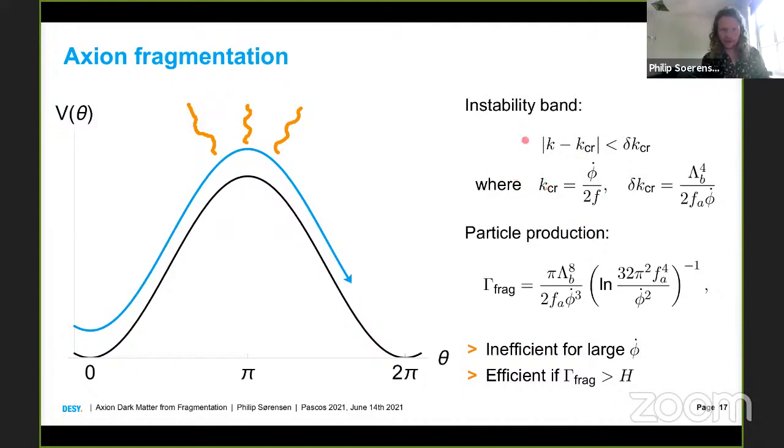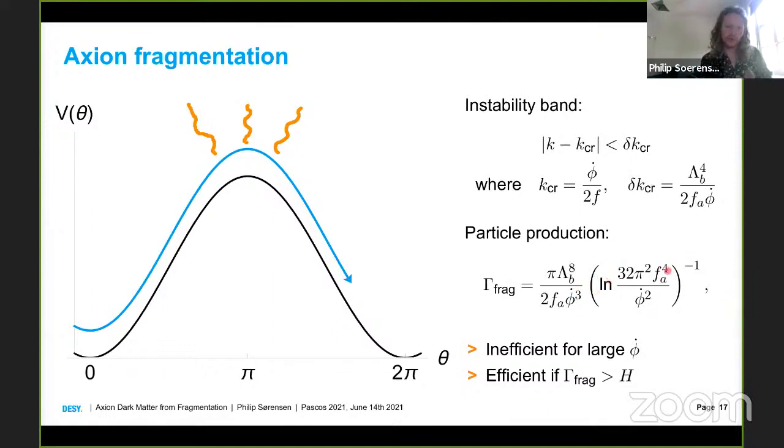So you really have fragmentation driving the amplification of these fluctuations. Now, this rapid amplification corresponds to particle production, and this particle production really drains the energy out of the homogeneous mode. It acts like a friction, and it can actually stop the field.